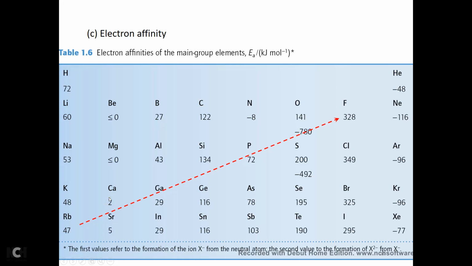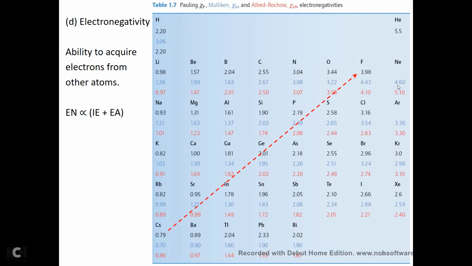So there are exceptions, but this is the overall trend from bottom left to top right. So again, getting back to the noble gas atoms, they do not like to accept one additional electron because their subshells are all completely filled.